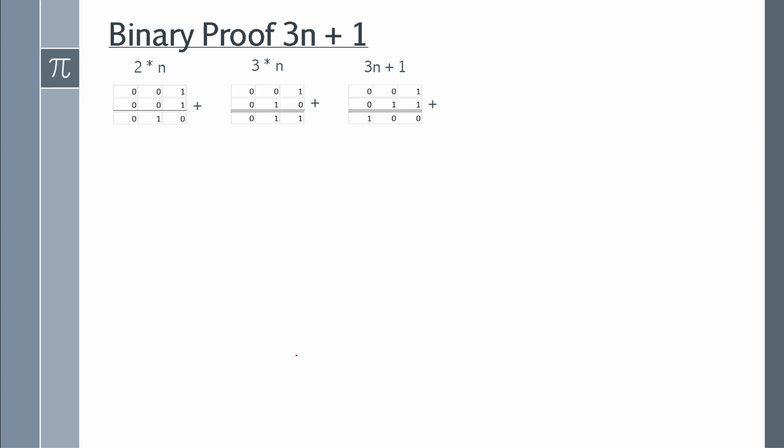So all of these build upon each other, and they all deal with just the last three parts of a binary number.